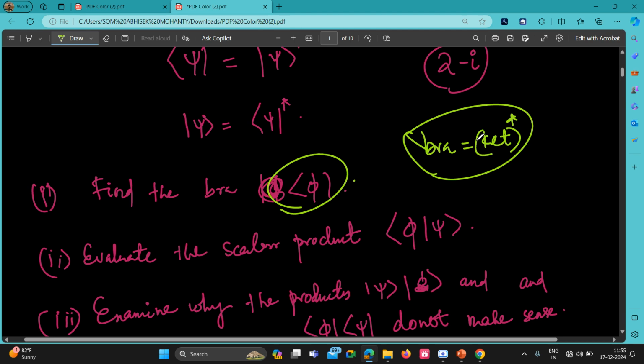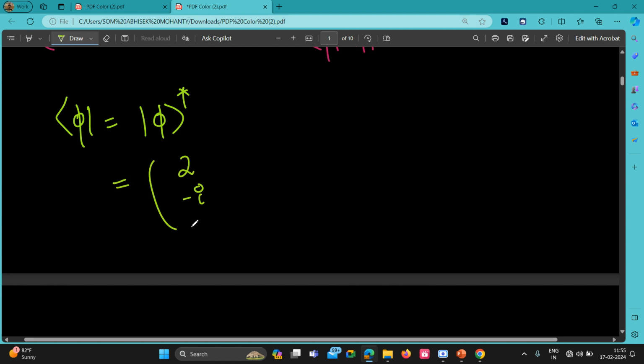Okay, so bra phi will be ket phi complex conjugate. Okay, ket phi was what? 2, minus i, 2 minus 3i. So that will be 2, and it will be the opposite.